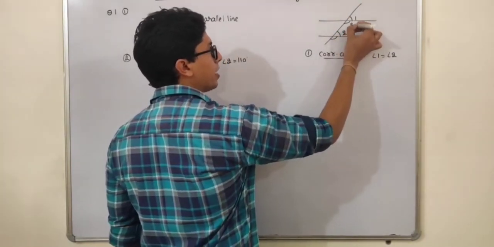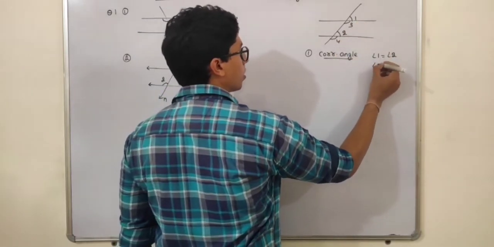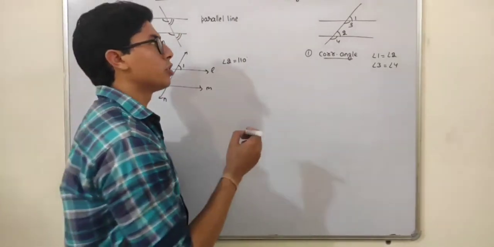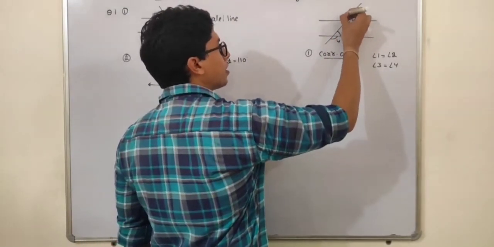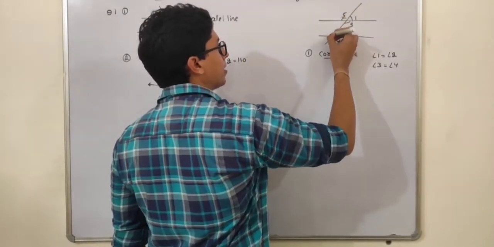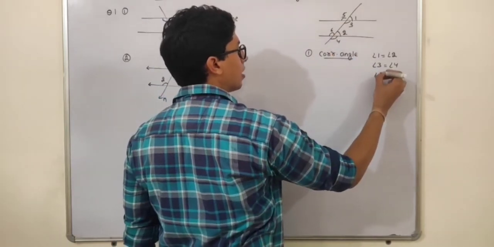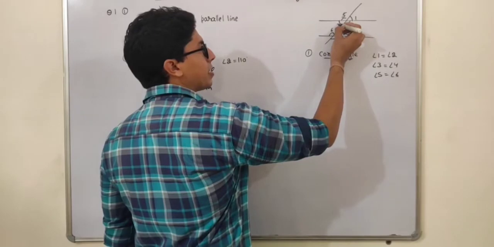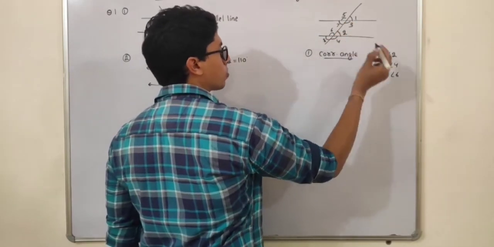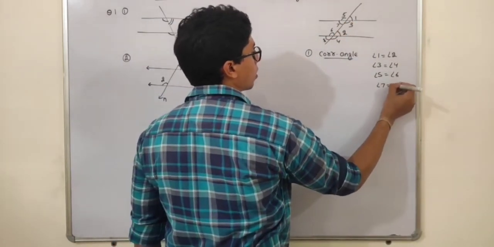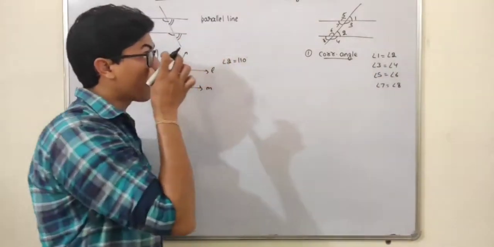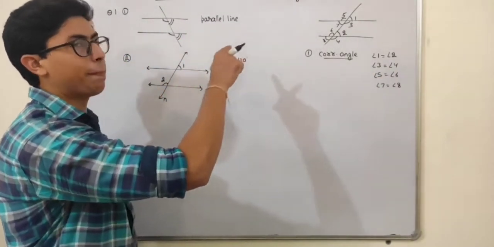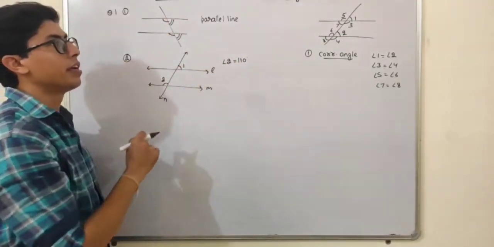So angle 3 is equal to angle 4. These are corresponding angles. Similarly, I can take 5 and 6 as corresponding angles, and 7 and 8 as corresponding angles. So these are the pairs of corresponding angles, and corresponding angles are equal when the lines are parallel. This I have already discussed in the first part.